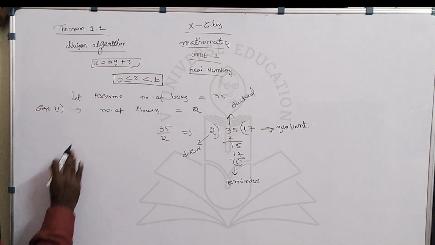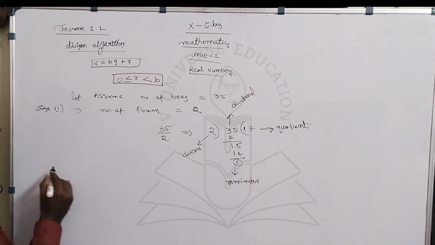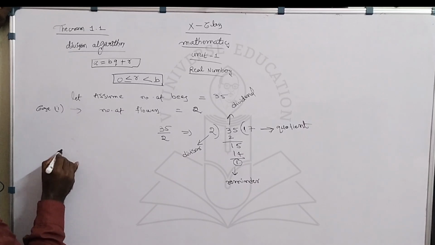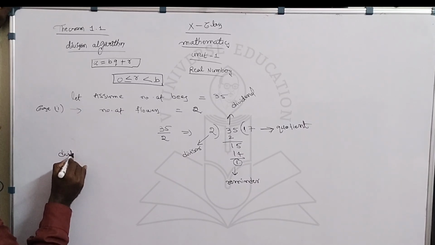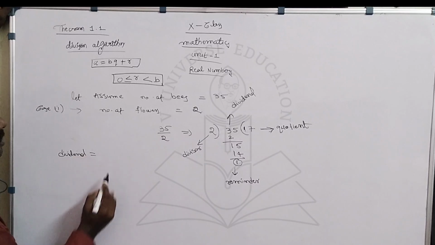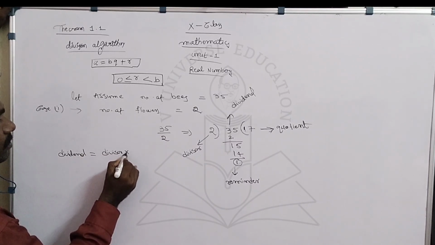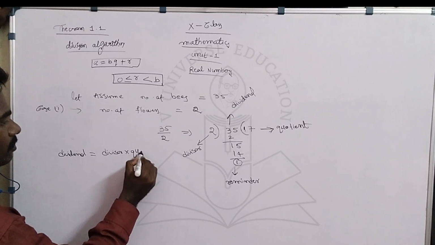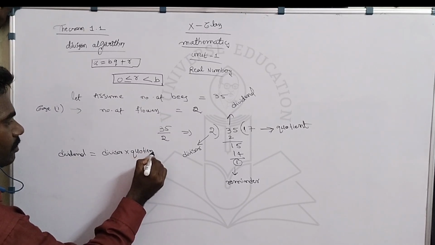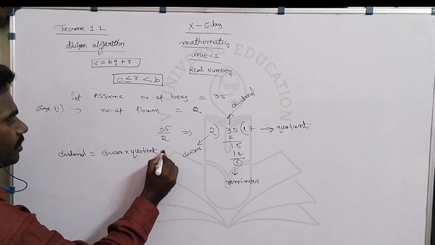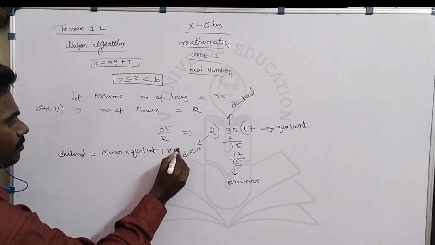So this we can write in the form: dividend is equal to divisor into quotient plus remainder.